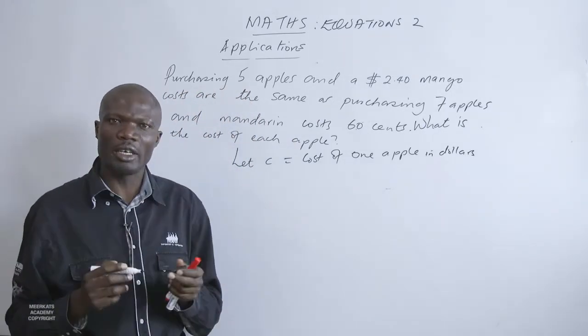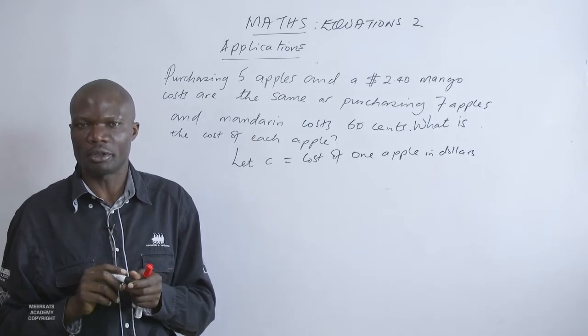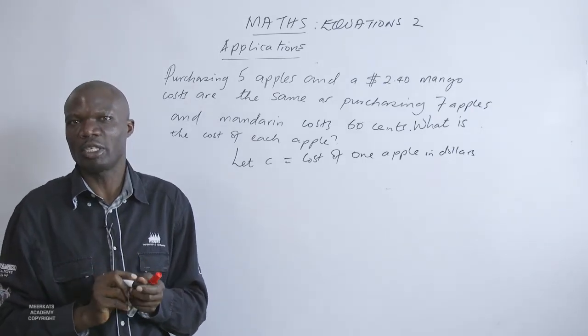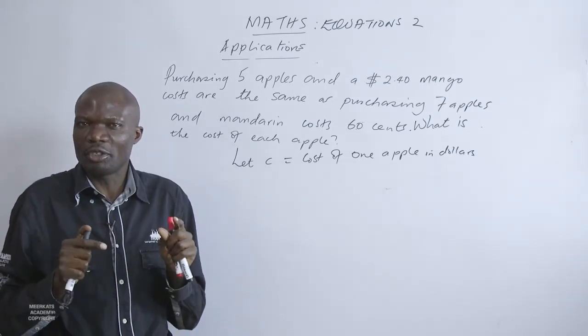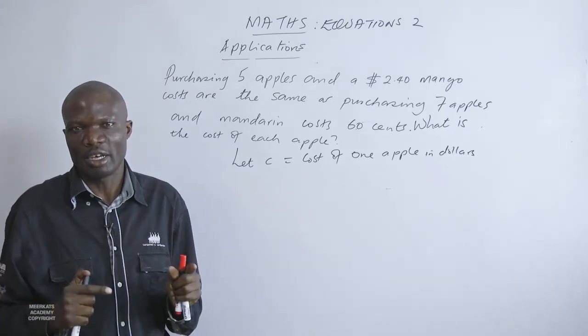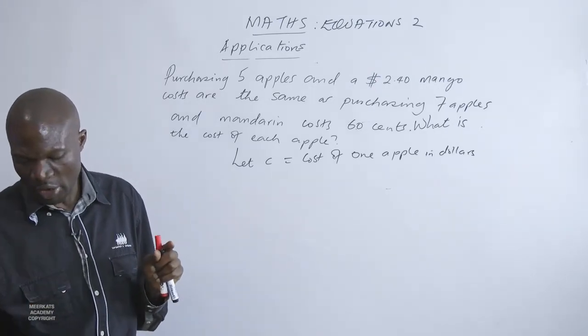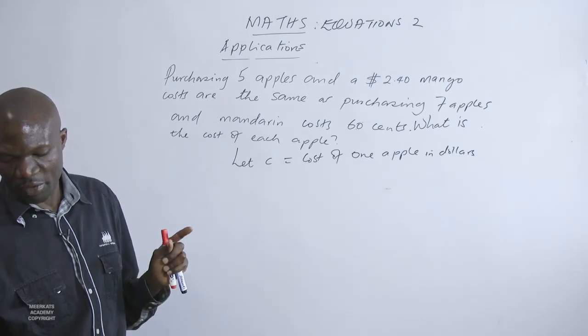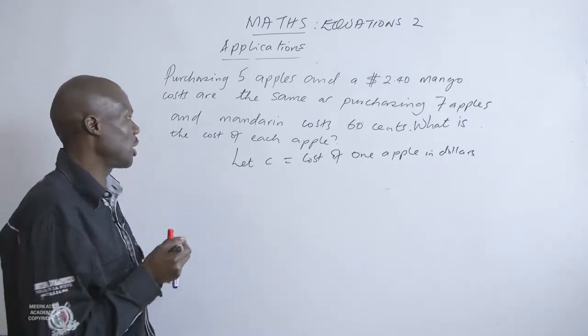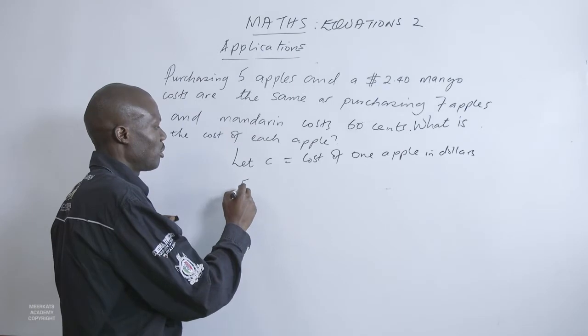So, having assigned a pronumeral for the unknown, we go back to the statement and write an equation to reflect the situation. And the situation here is that when we purchase 5 apples, that will give us 5C.